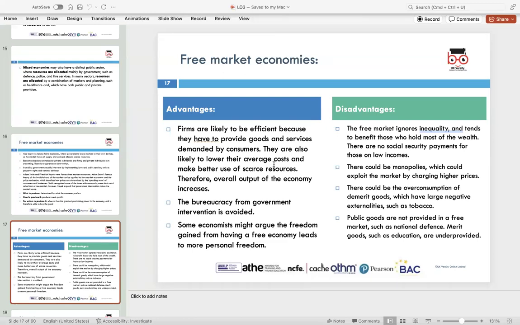It is possible that there is excessive consumption of commodities considered to be of low quality and with significant negative externalities, such as tobacco. The provision of public goods such as national defense is not possible in a free market environment. Also, education is one example of a merit good that is not adequately given.